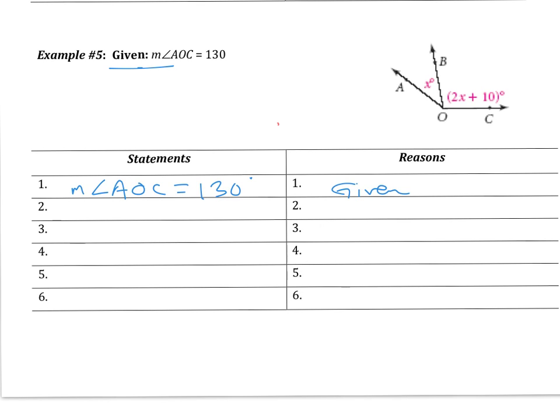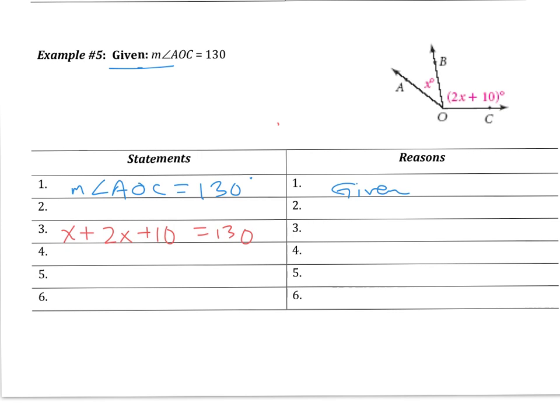But I want to do it with all angles first. So if we wanted to solve here, what would we do? What concepts would you use? All right, let's make it easier. Solve for x. What would you do? All right, very good. So you would do x plus 2x plus 10 equals 130.